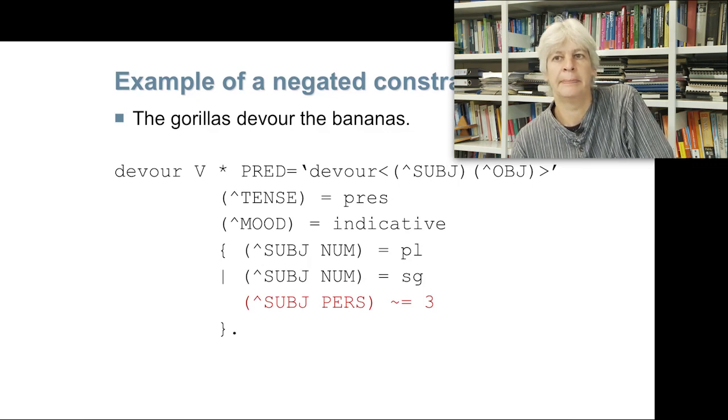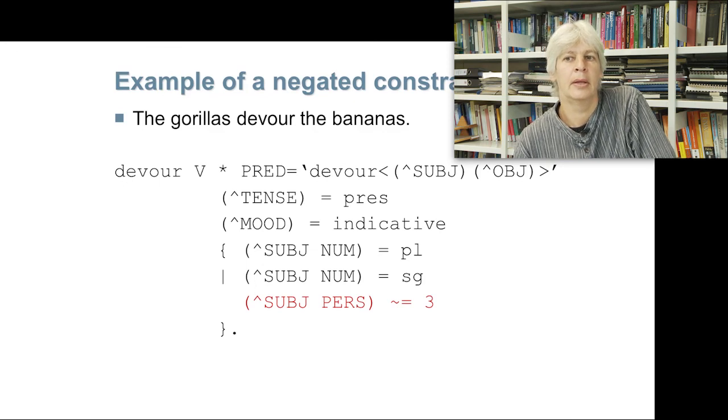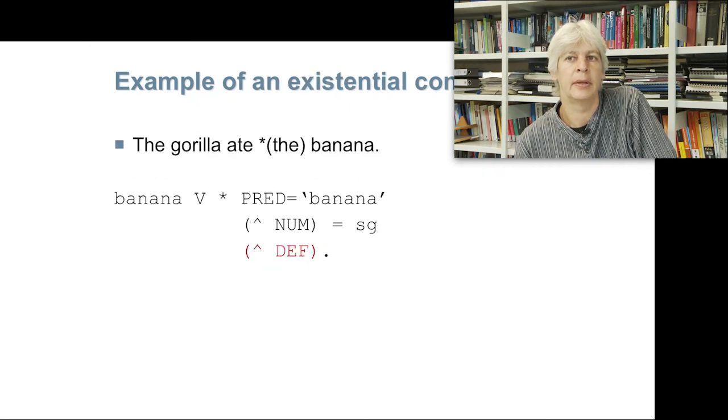That's bad English, okay? So that's a negated constraint. Here's the existential constraint I talked about. Banana says singular, and when it's singular, it needs to have some kind of definiteness marker. We don't know which, the or a or whatever, we don't know, but plus or minus, but we need to have that there.